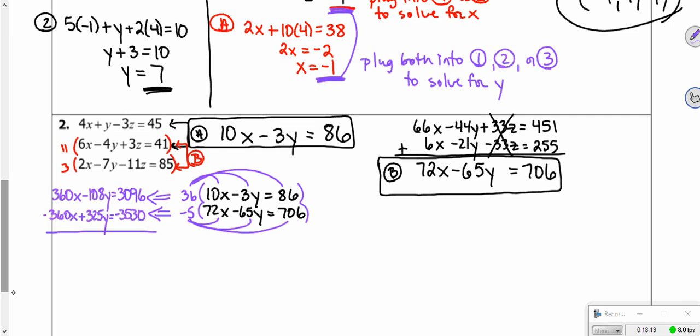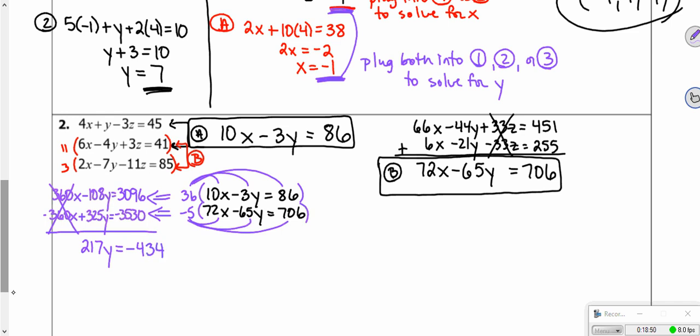Okay, so now, obviously, my x's cancel. Positive 360x minus 360x. Combine my y's together, negative 108 plus 325. I get 217y equals 3096 minus 3530 gives me negative 434.